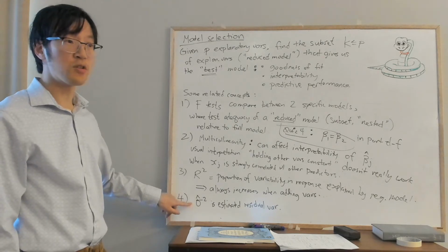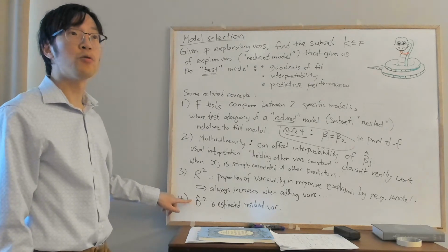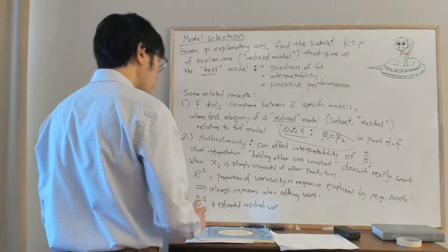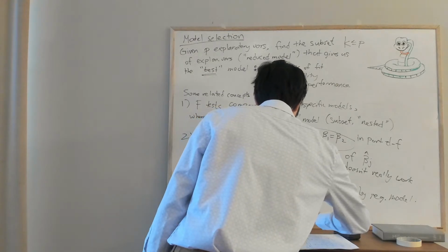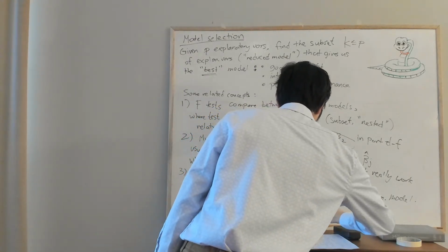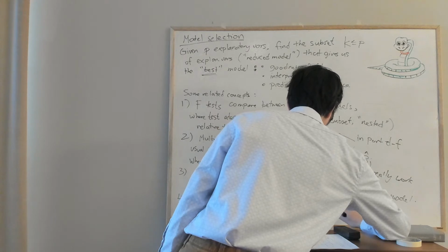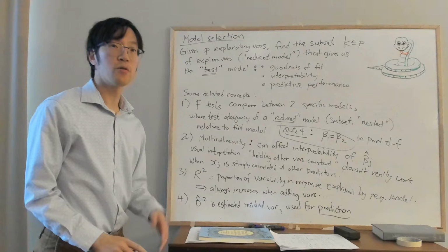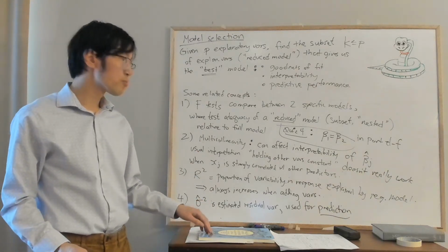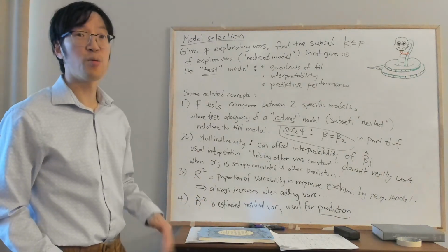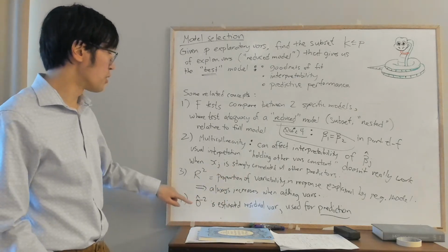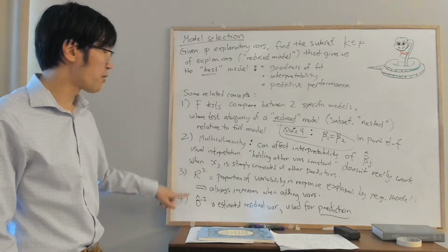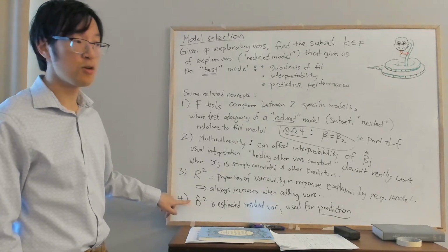We also use sigma squared hat when we use the model for prediction. When we build prediction intervals, say we have a new set of explanatory variable values and we want to predict the response. If you recall, in the formula for prediction intervals, we use sigma hat.